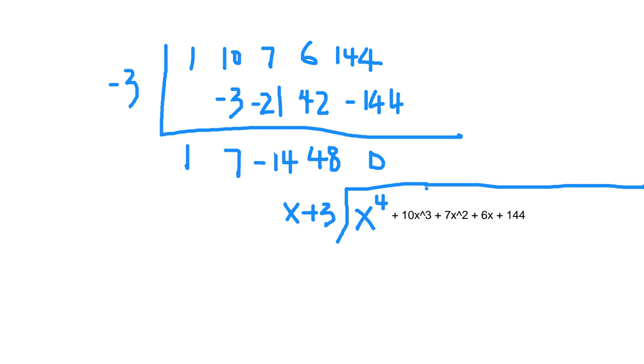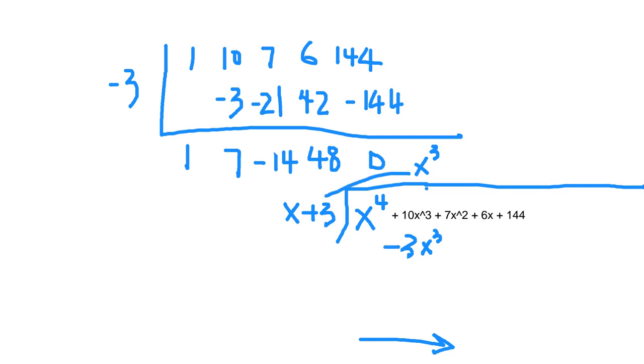Then you think, okay, you want to get rid of from the left to right. So you want to get rid of x raised by 4. So you put x cubed here. Right? Because x times x cubed, that's x raised by 4. Then here you have 3x cubed, because you have to multiply those two. Then you subtract. Each step you subtract.